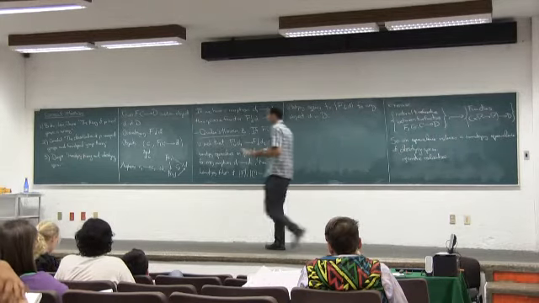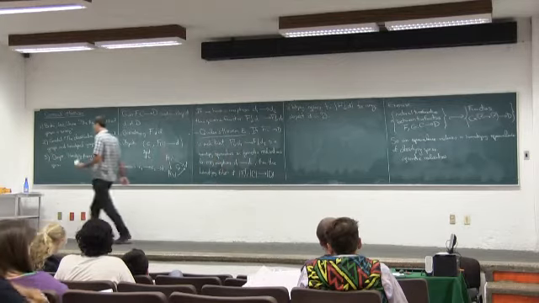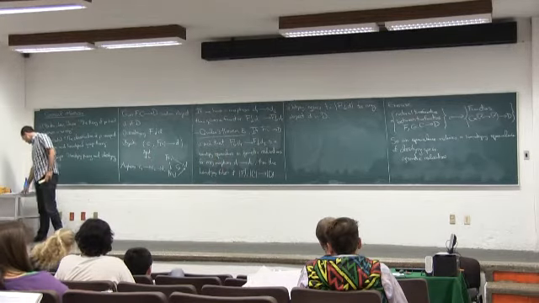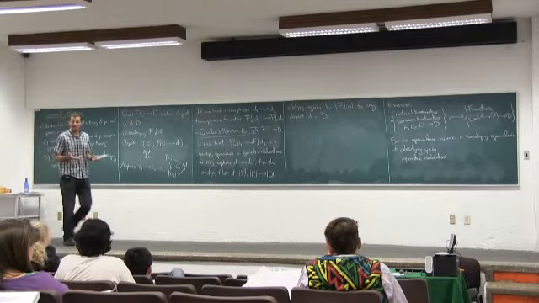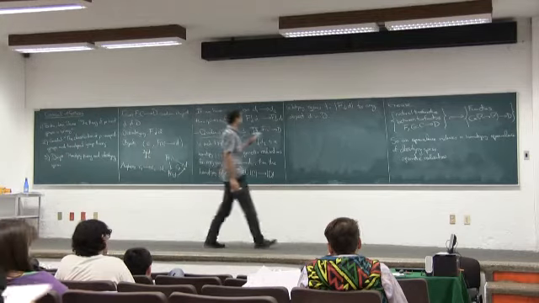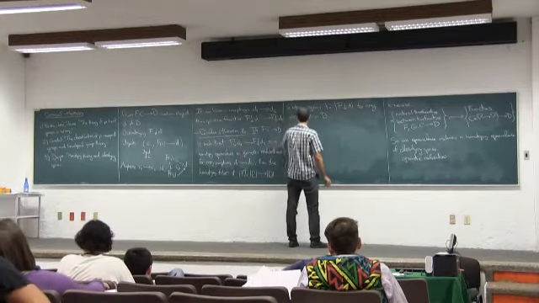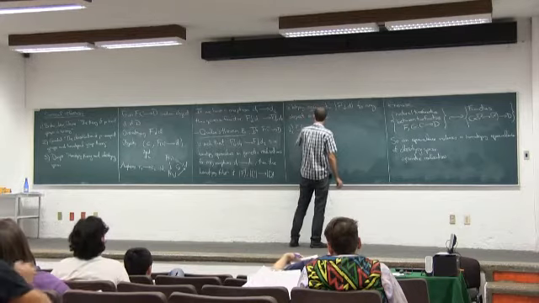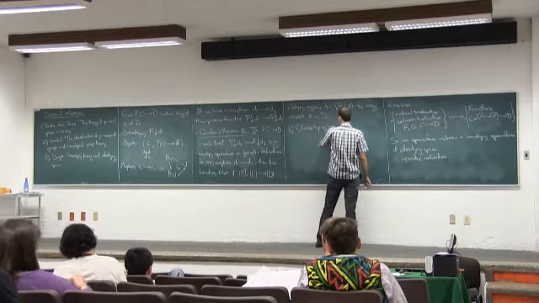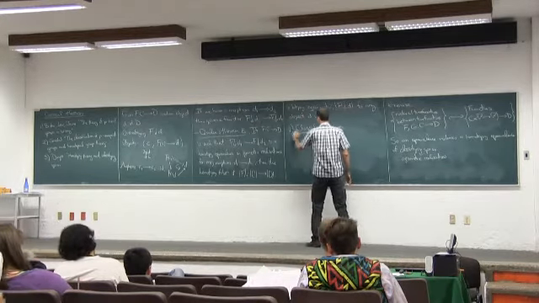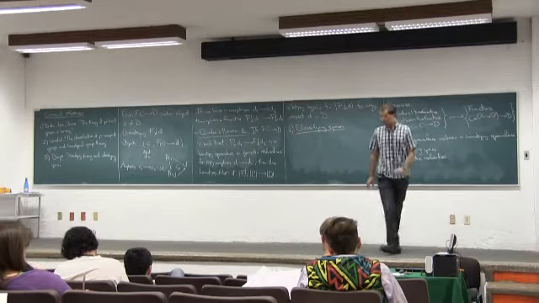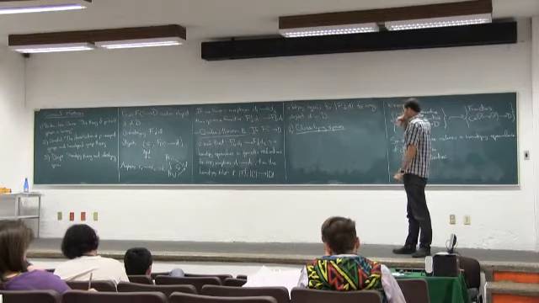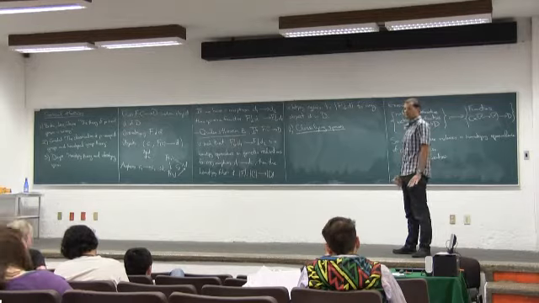Okay, so I think this is everything I wanted to say about categories. Right. So now let me go to what I really want to talk about: classifying spaces. Now, we've already talked about classifying spaces in this workshop.